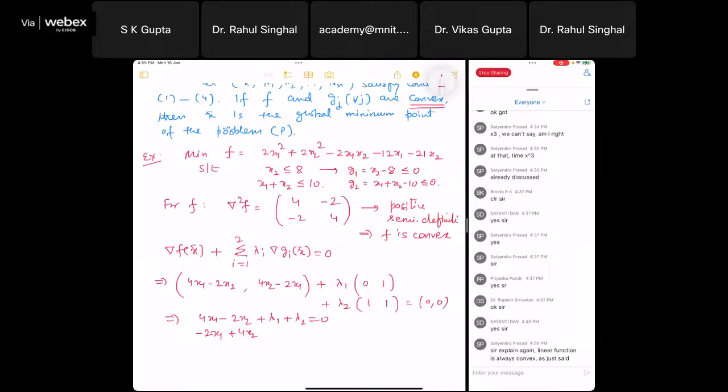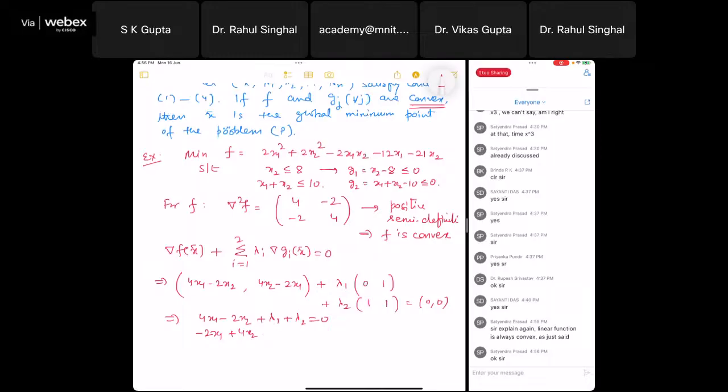In fact, these lines are convex as well as concave. Similarly, x1 plus x2 minus 10, if you see, this is also convex. If you find the Hessian matrix, it is 0, 0, 0, 0, right? A null matrix, whose eigenvalues are 0, 0. So it is greater than or equal to 0. It is positive semi-definite, hence convex. From there also you can see, right? Is it clear?